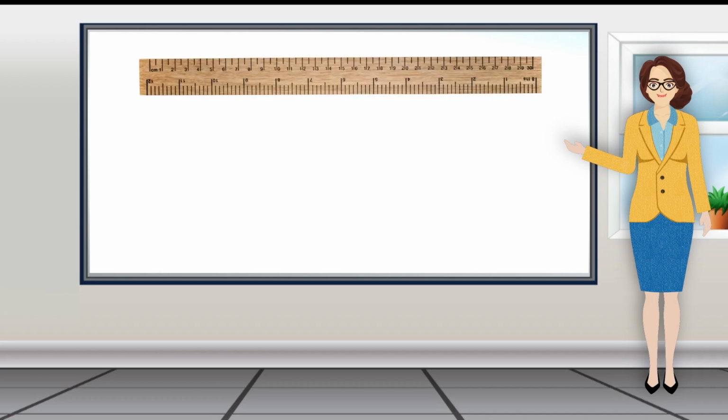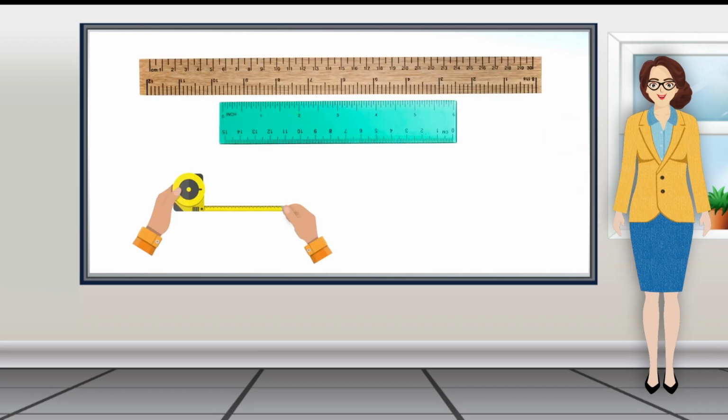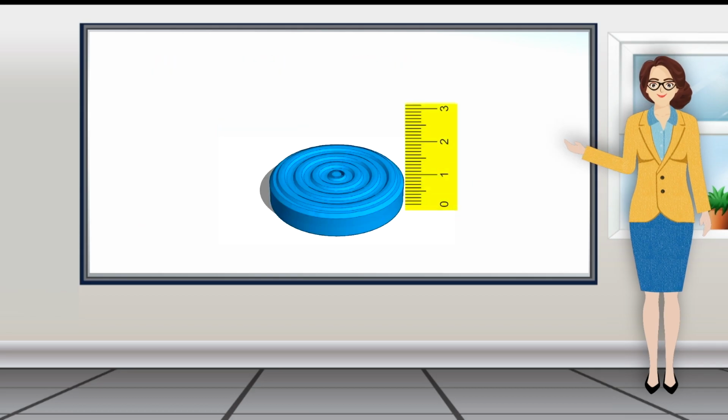We can measure the length of different things by using different tools like a ruler, scale, meter rod, and inch tape. The thickness of carom coins is very small and cannot be measured using a scale.